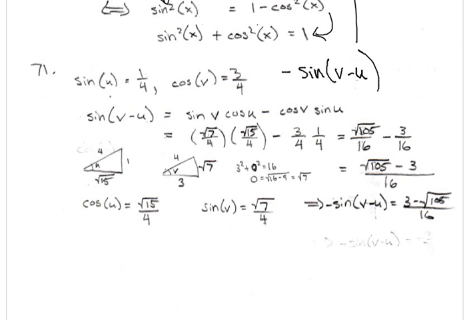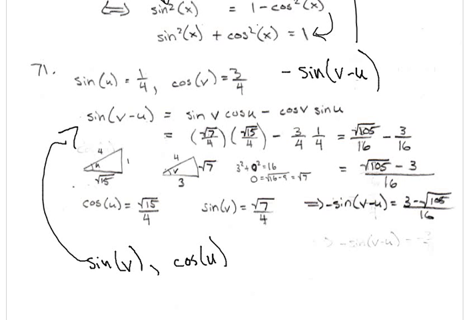You can find it in your book on that little cheat sheet. Is sine of v cosine u minus cosine v sine u. So that means that we have to find, because we know what sine of u is and we know what cosine of v is, but we don't know what sine of v is or what cosine of u is. We have to find these so that we can use that identity.